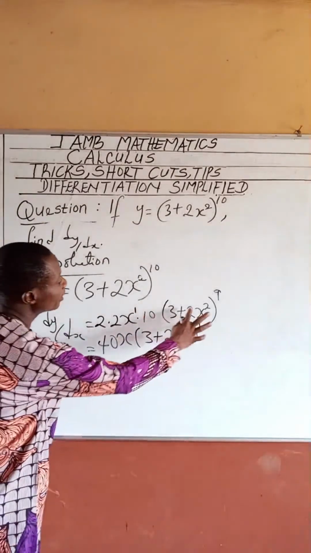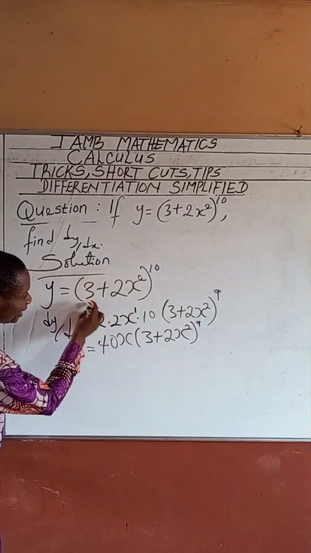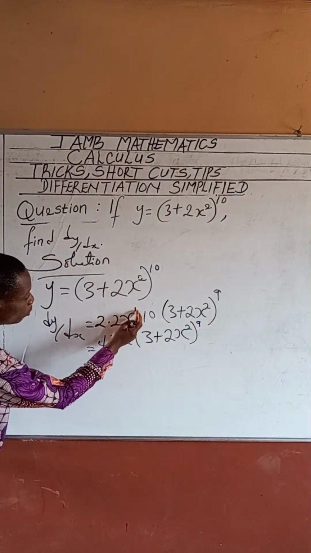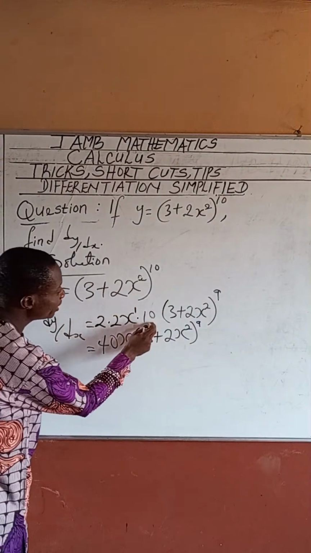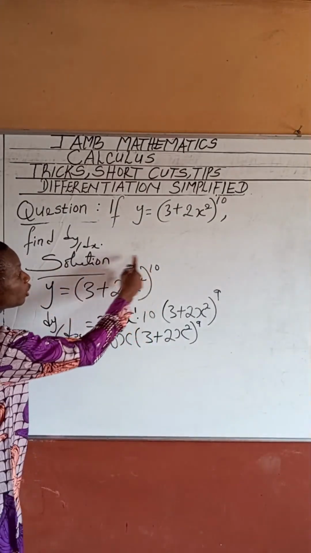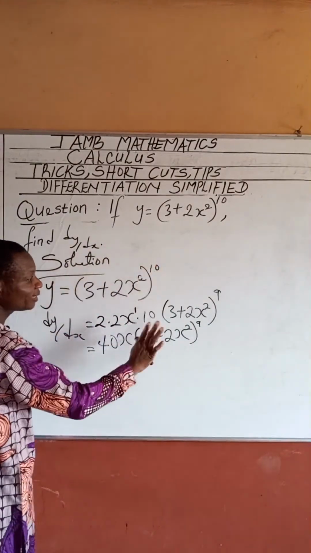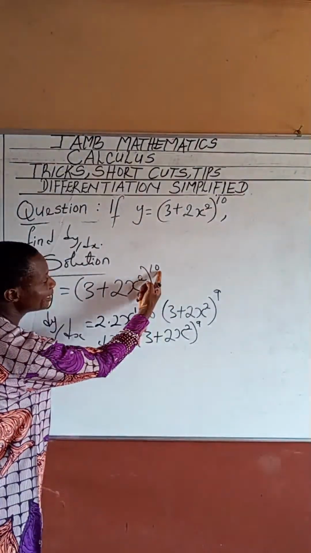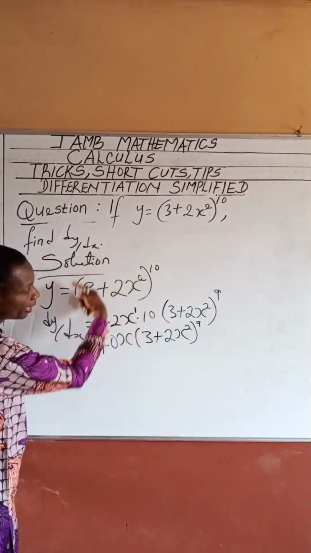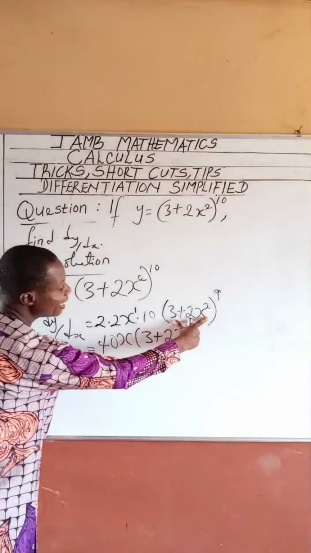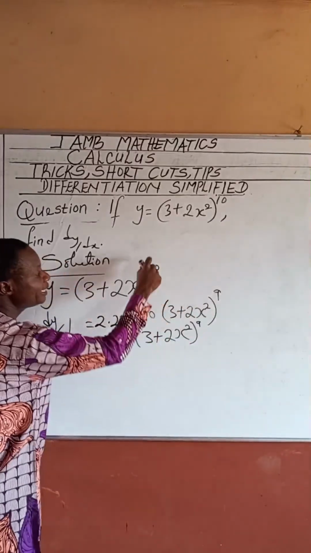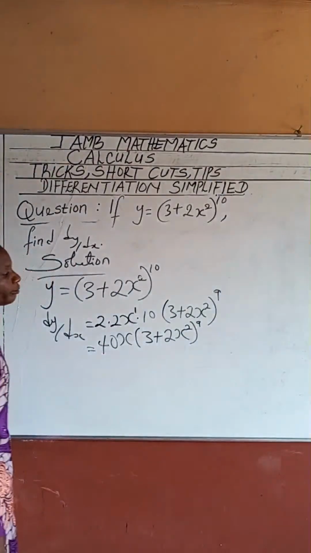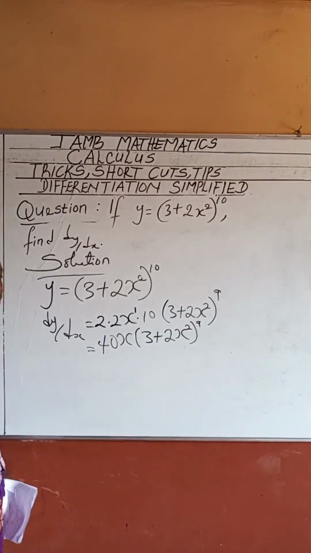Once you are done with differentiating the inside, which gave us the whole of this one here, now it is time for us to differentiate the whole thing, everything, as if it is x squared or x raised to power 10. So bring down this 10 here. Rewrite everything. Rewrite the brackets. Then decrease the power by 1. That gives us the answer straight away.